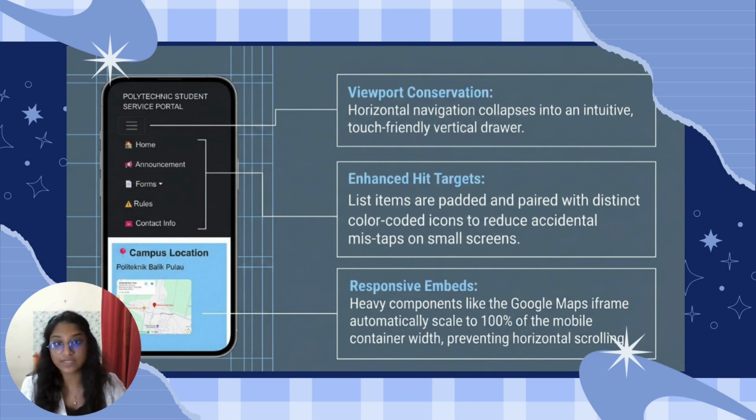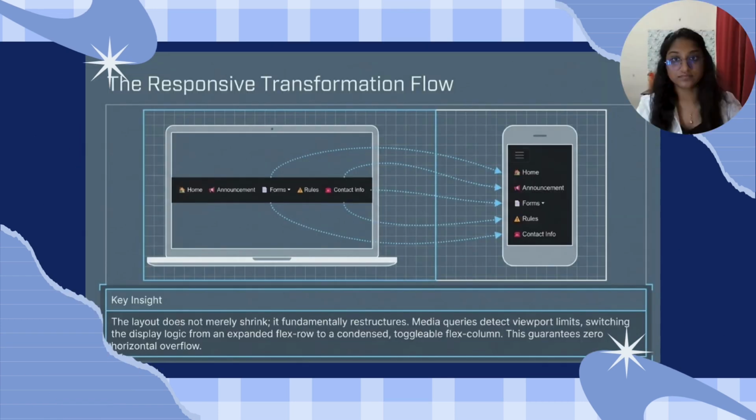And the last one is that every component, like the Google Map iframe, automatically scales to 100% of the mobile container width. So it looks interesting, right? Such a big Google Map iframe turns into a mobile responsive view.